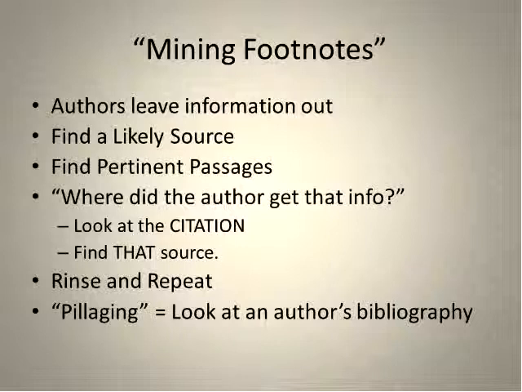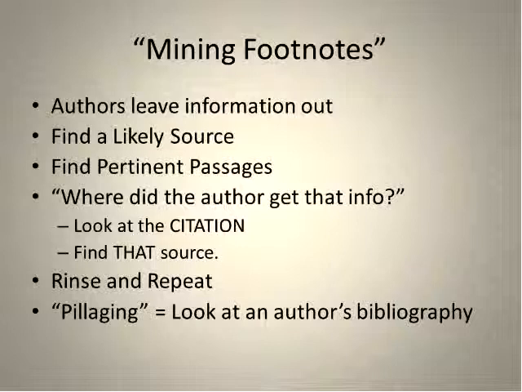Do it with that second source. Do it with that next source. Another way of doing this, and this works particularly well when you're looking at textbooks and generalized books that are scholarly but do not have the apparatus of footnote or endnote citations, is to pillage the bibliography.